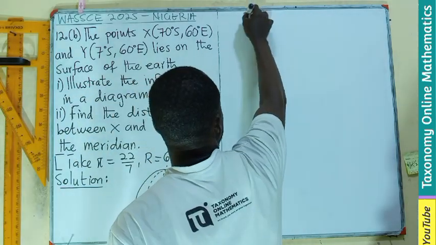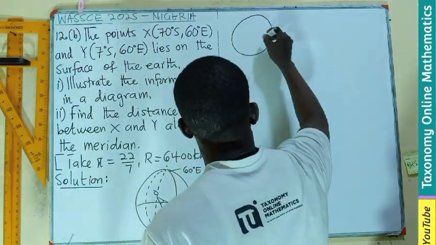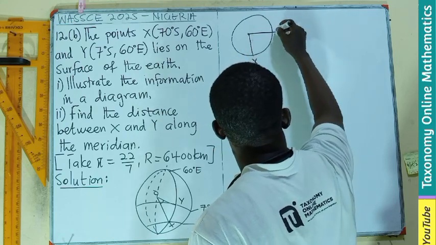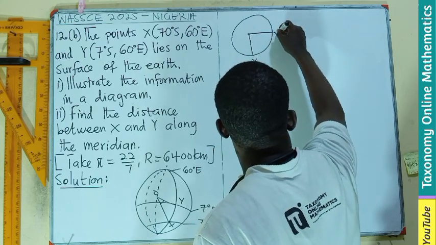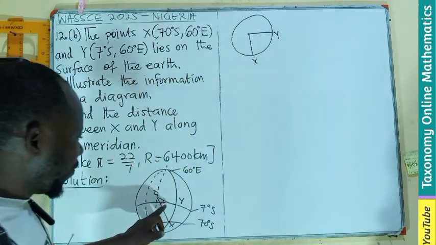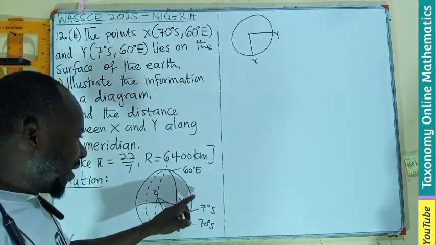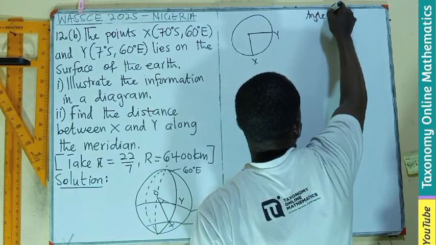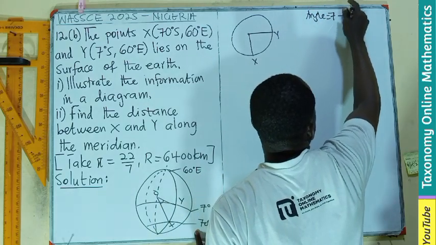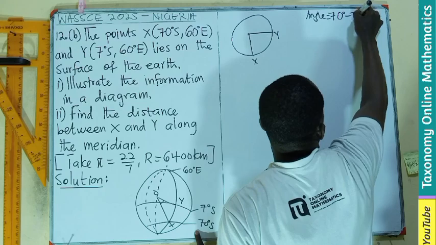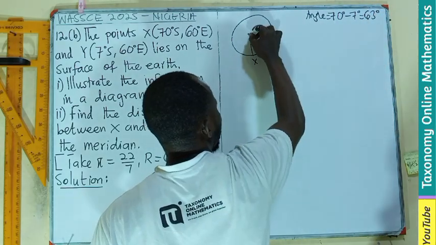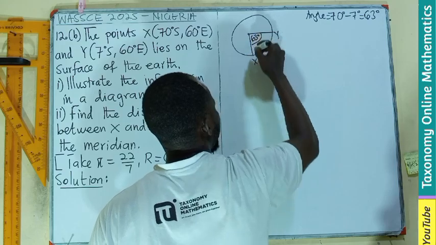So if I take that circle out as a great circle, the center being here, the X being here, and Y being here, the angle formed at the center, since they are all at the south, will give our angle as 70 minus 7 degrees, which will give you 63 degrees. So at the center here we have 63 degrees.